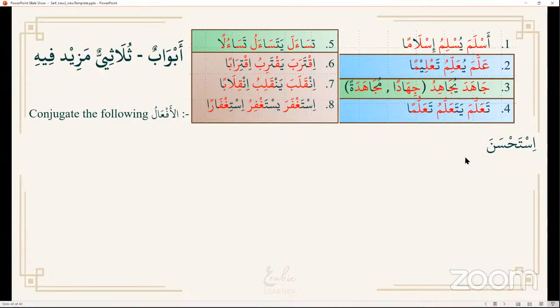So Istahsana, Yastahsinu, and what will be the masdar for that? Istihsanan. Very good. Istihsanan, not istah, sister. This is how you will find out.